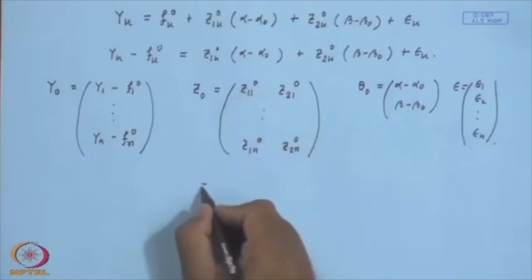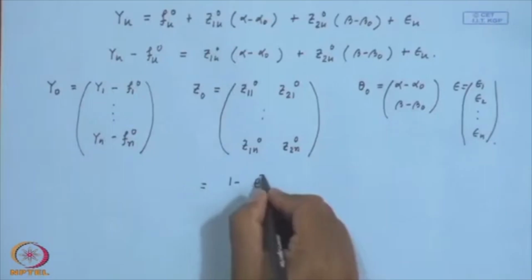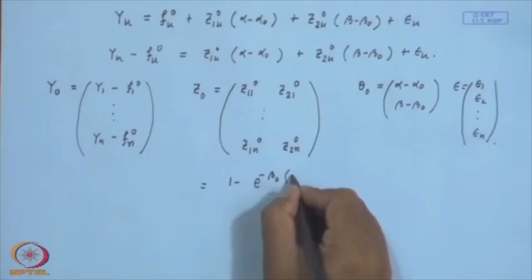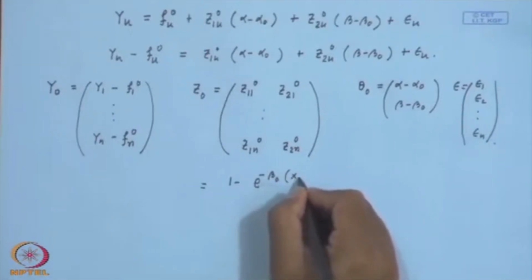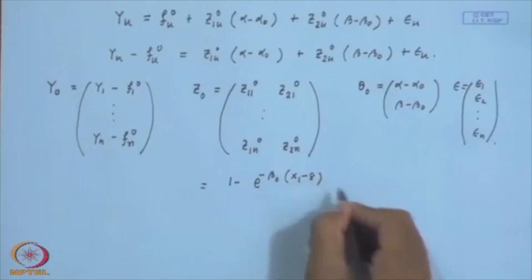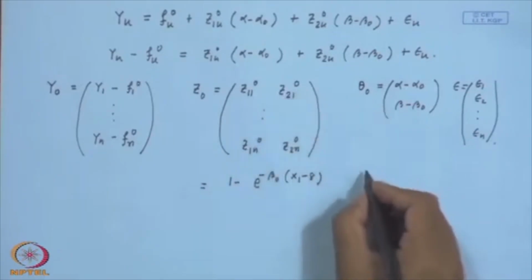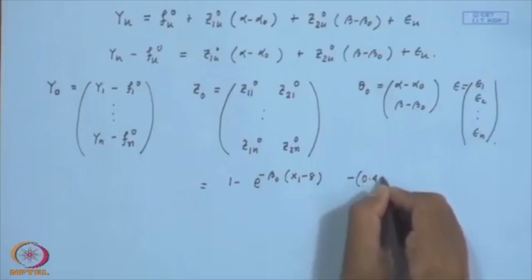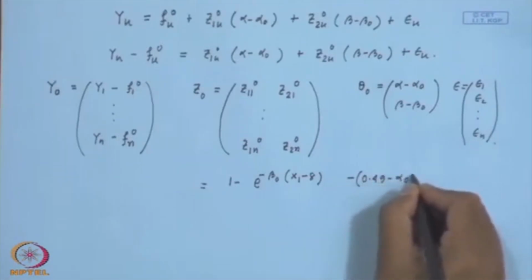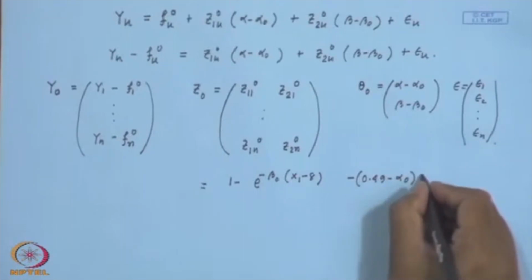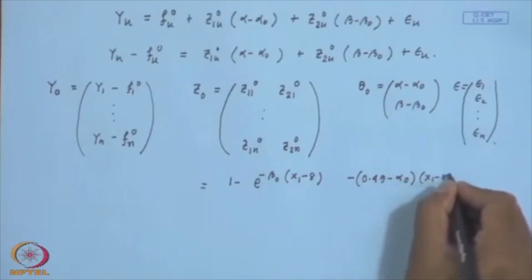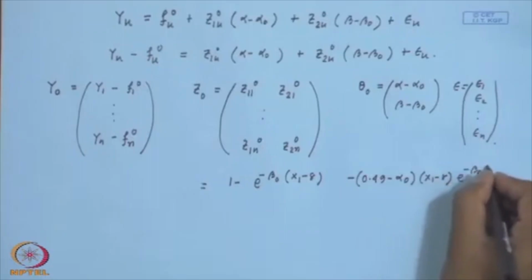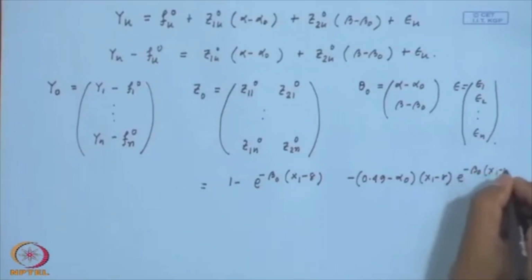So, this one is basically 1 minus e to the power of minus beta naught into x1 minus 8, and Z21 is basically minus 0.49 minus alpha naught, and x1 minus 8, e to the power of minus beta naught x1 minus 8.